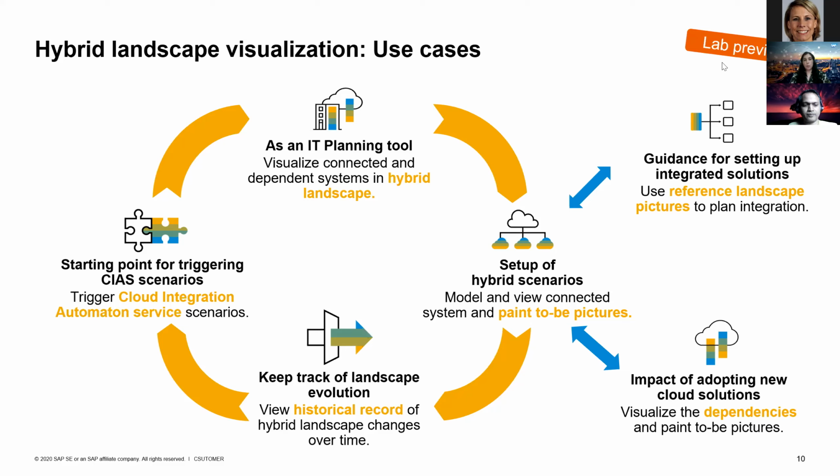We'll take a look at what CIS means in a while from now. So these were some examples that we see from our end, different use cases which are supported with hybrid landscape visualization. We would in fact like to learn from you, so do reach out to us with your use cases or the feedback on the current functionality that we have on hybrid landscape visualization.